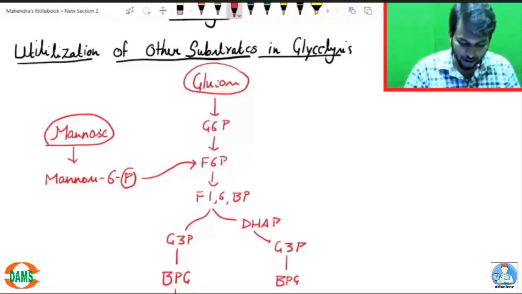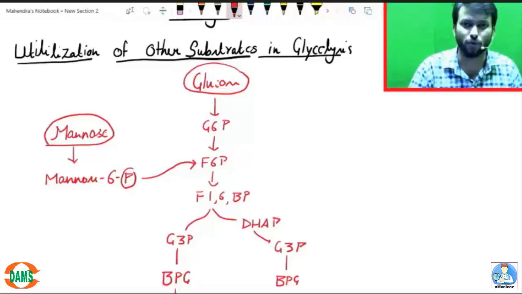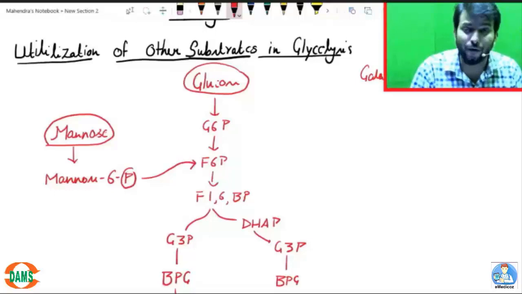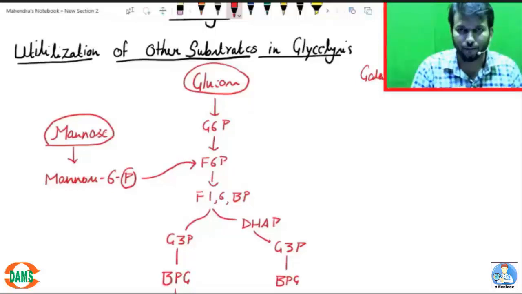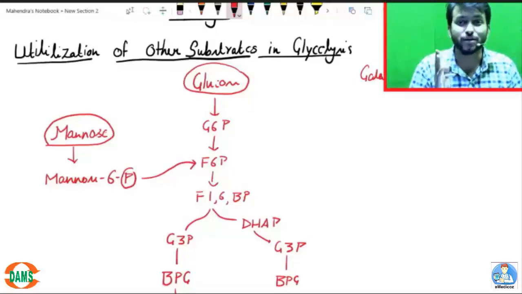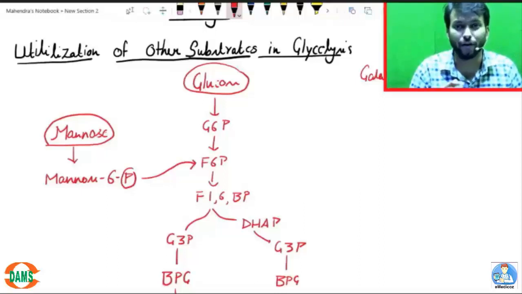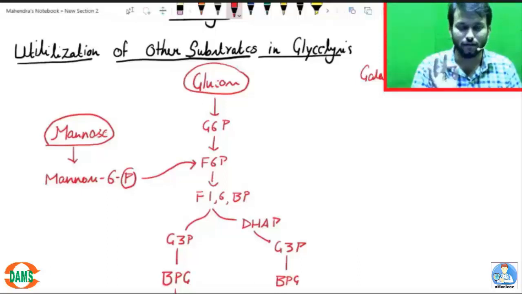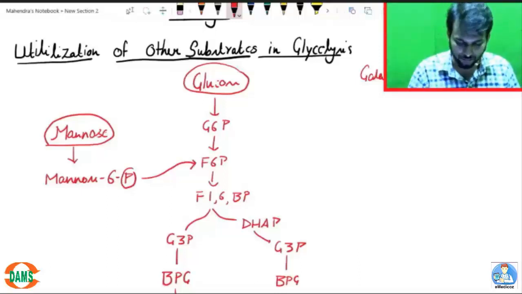Another sugar is galactose. We know about the structure, similarity and isomerism of these carbohydrate molecules in reference to glucose. I have shown you the whole diagram; if you don't recall it, please go through the carbohydrate chapter.